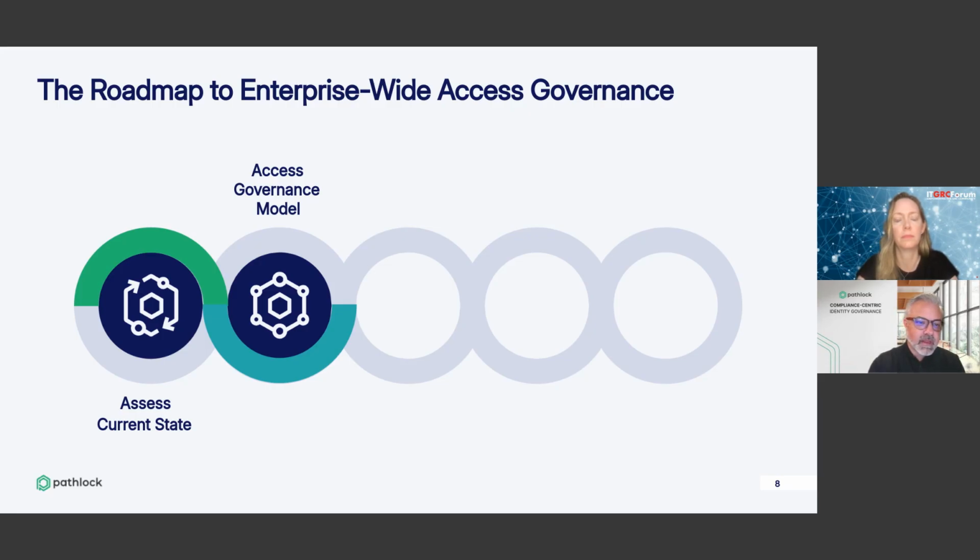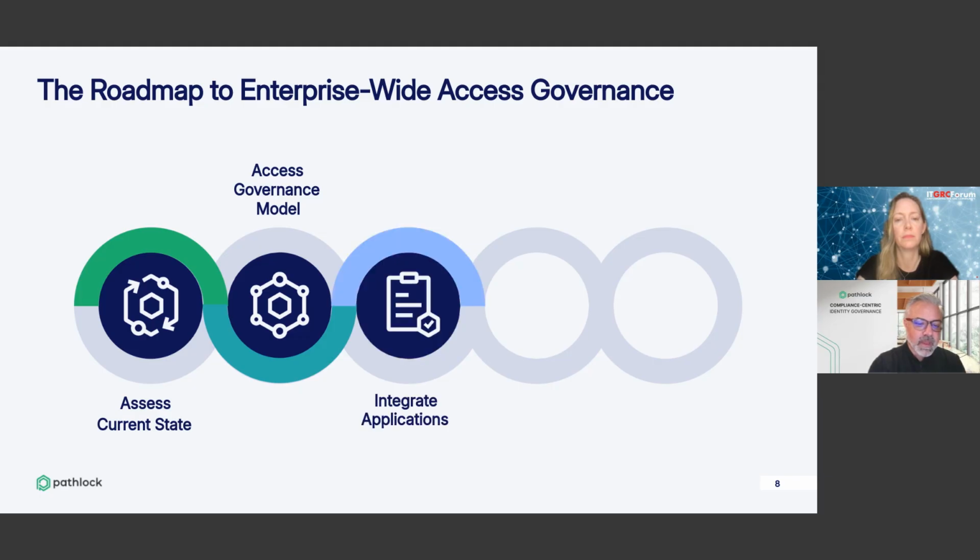And on the next step of the journey, we're going to look at defining our model, integrating with the applications, and onboarding the applications that have the most risk into that governance model, right? So integrate your core systems into one place, centralize their visibility, focus on the quick wins first, applications with a high impact or high risk.